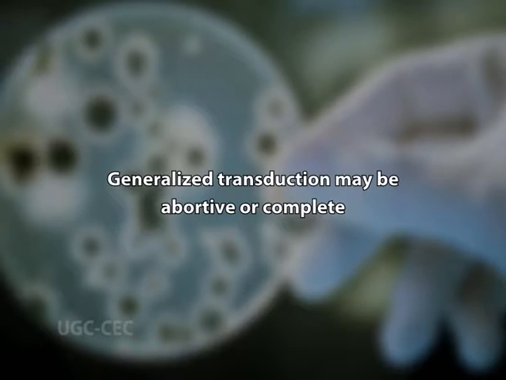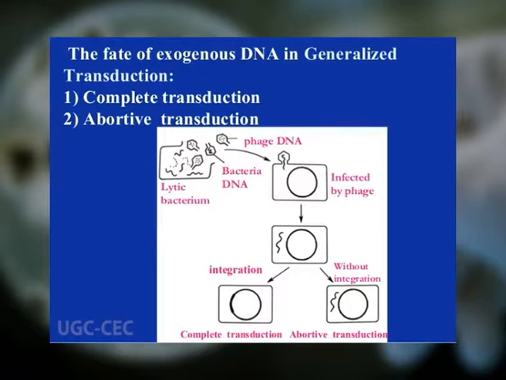The generalized transduction may be abortive or complete. Abortive transduction refers to the transient expression of one or more donor genes without formation of recombinant progeny, whereas complete transduction is characterized by production of stable recombinants that inherit the donor genes and retain the ability to express them.